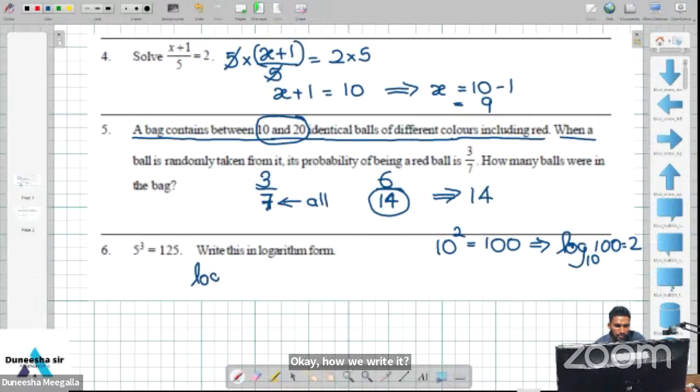What is the base? The base is 5. Then log base 5 of 125 equals 3.